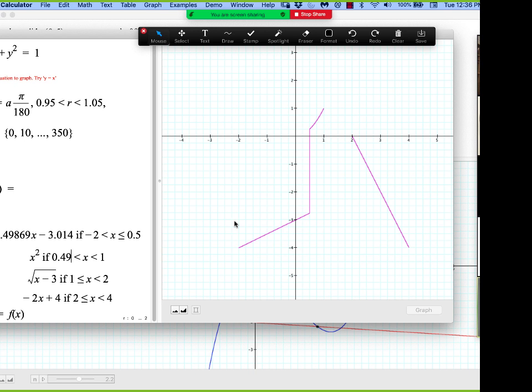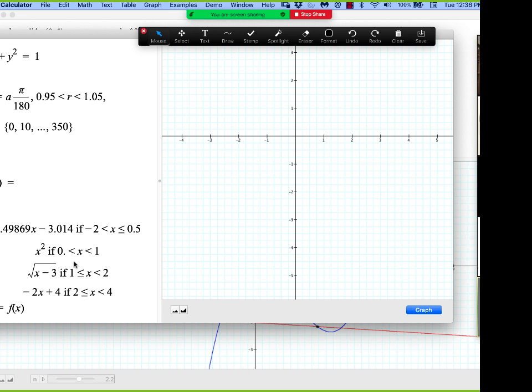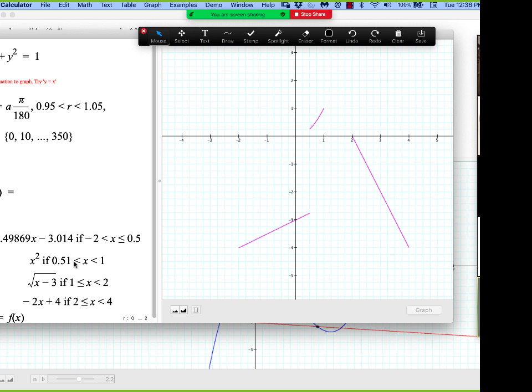Okay, so I want to attach this. Now 0.51. There we go. So I want to come down and attach this parabola right to there, so that this line comes and then the parabola starts up right at that point. Notice I've defined that when x is equal to 0.5, this is the value of the function.